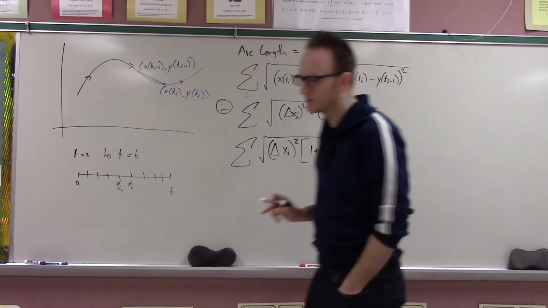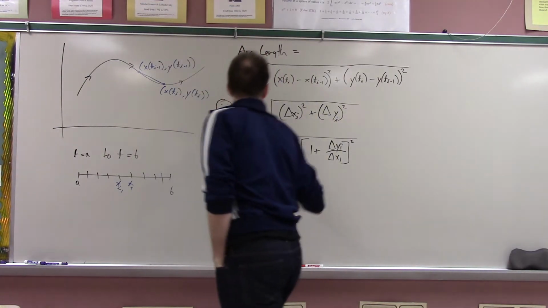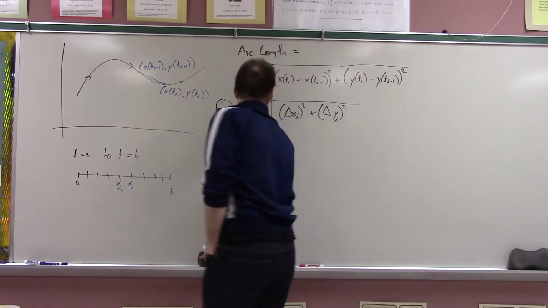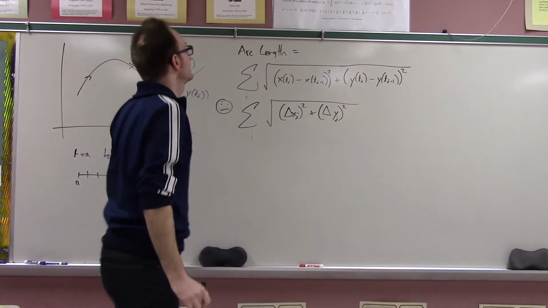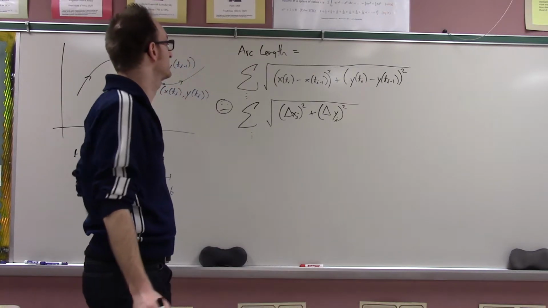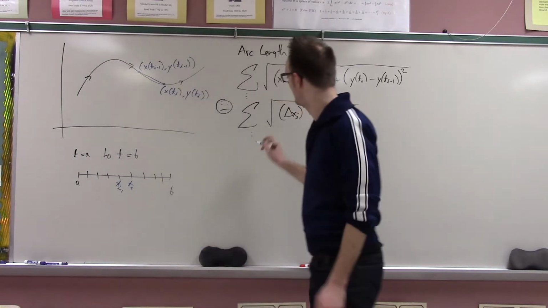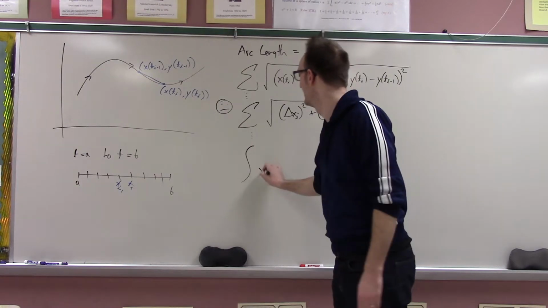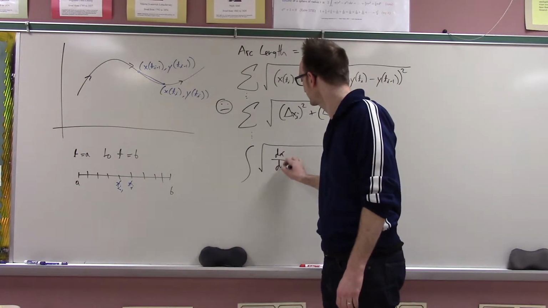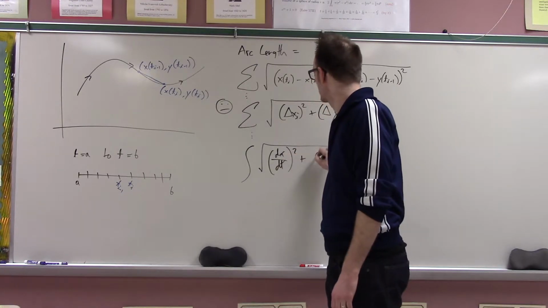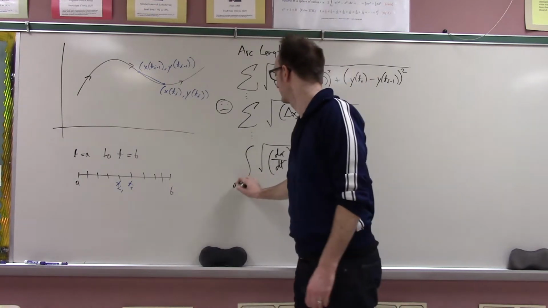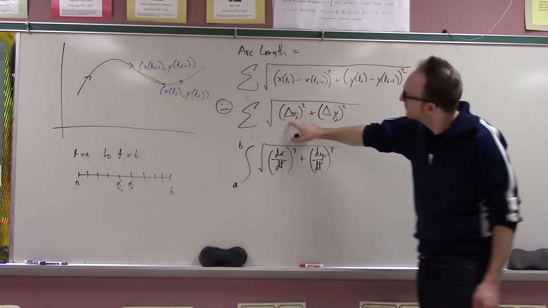Actually, this is kind of stupid. Do I need to do this? No, I think I just leave it. What do we really end up with? This basically just turns into the integral of the square root of dx dt squared plus dy dt squared, integral from a to b. That's really what's going on here.